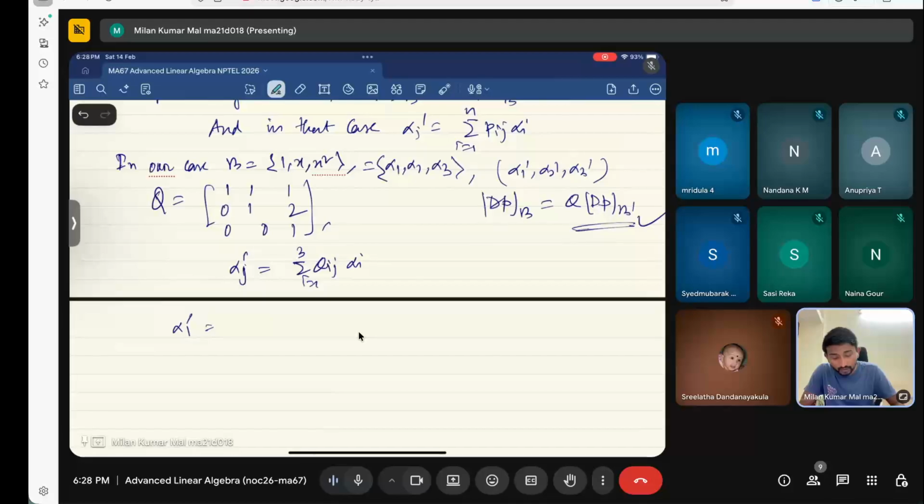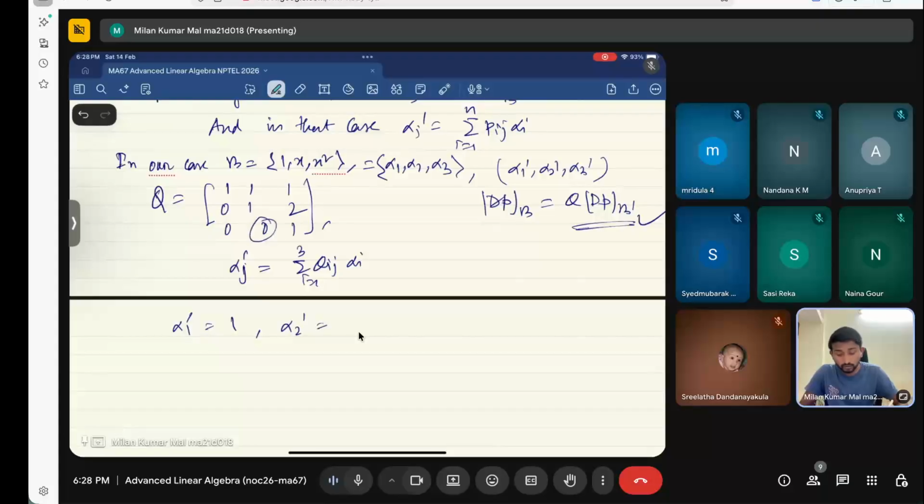Alpha 2 dash, j is 2 right now, so the second column, i is 1 to 2 because this is 0, so this will be 1 plus x. And similarly alpha 3 dash will be 1 plus 2x plus x square. So this is the basis: 1 plus x, 1 plus 2x plus x square. This is the correct option.